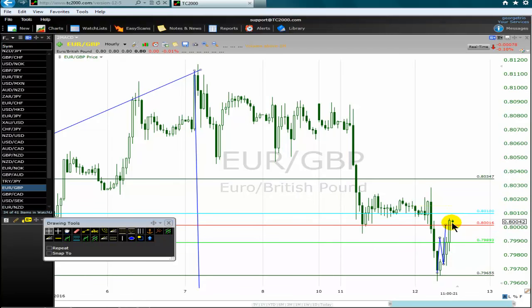If it finds support above this level and starts displaying higher lows and highs, it means that we have a reversal here. So though we may have a losing trade if we hit this level, and if we start displaying higher lows and highs above 8001, now we will become bullish. So this is why we say be ready to buy and be ready to sell. But we will only buy if we start seeing higher lows and highs above 8001.